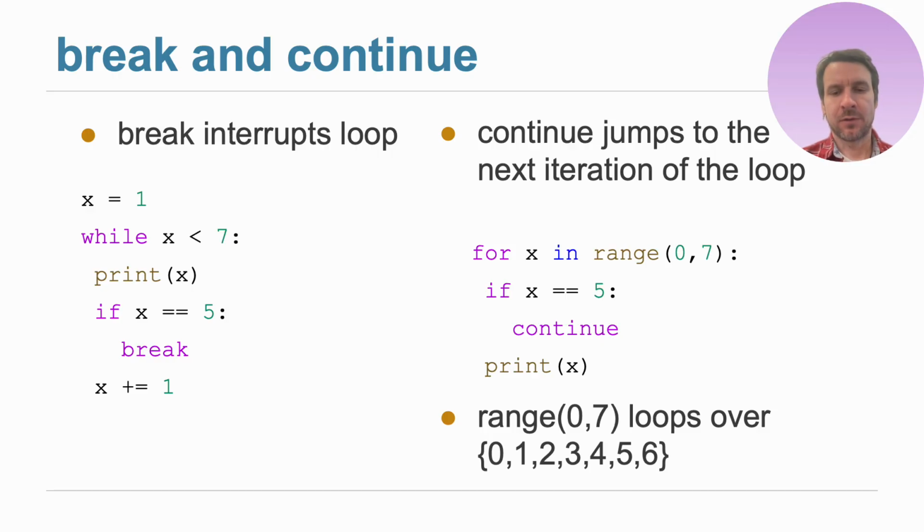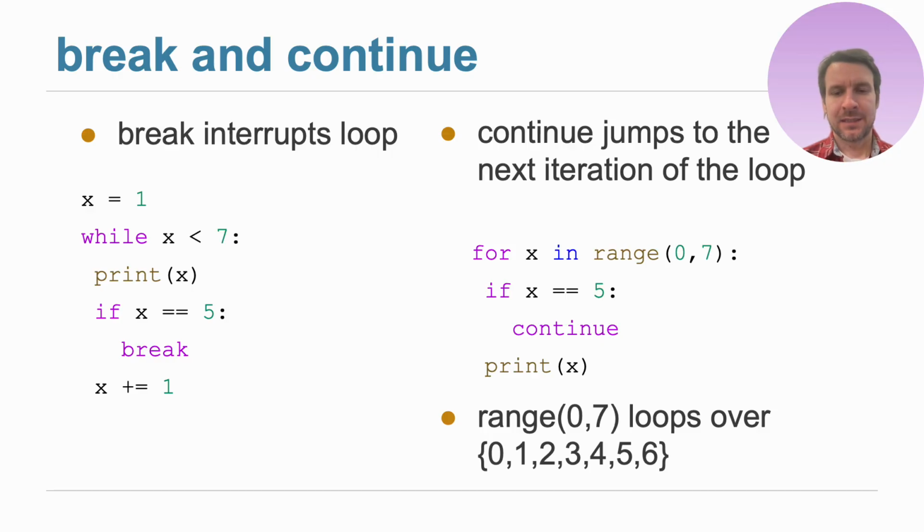If you have a for loop, then it stops processing the current x and starts processing the next x in the list of things in the for loop. If you use continue in a while loop, then it will go back to evaluating the constraint in the loop and starts the loop from the top.